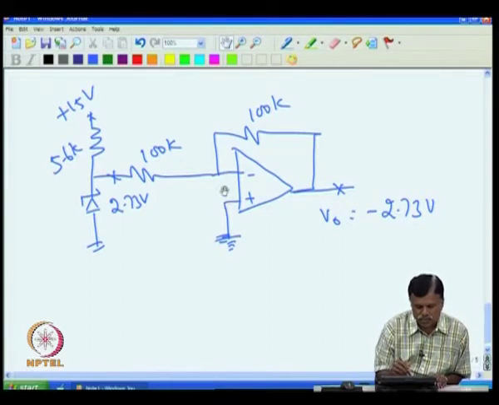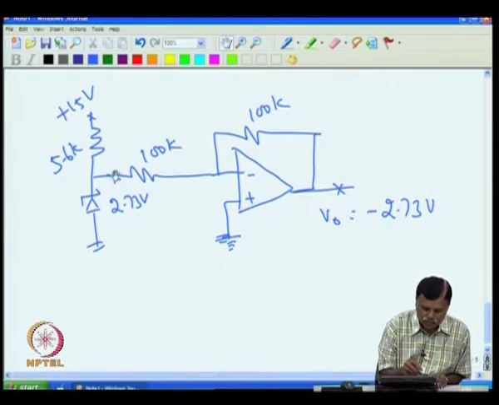If this is 0, ideally this is also 0. So, the current flowing through this resistance is 2.73 volt divided by this resistance. This current comes from here and part is going here, part is going here. So, this current should be small. If this current is large, then current flowing through this will come down, and if it comes below 1 milliampere, then temperature indication will go wrong.